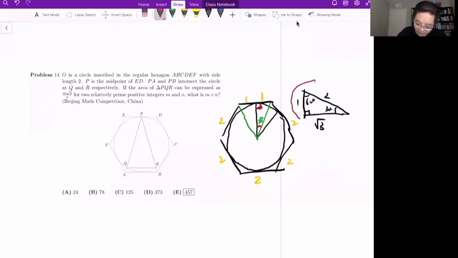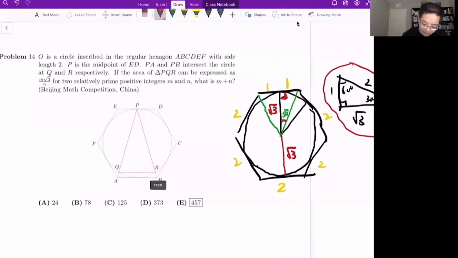We utilize the special ratios within the 30, 60, 90 right triangle: 1, square root 3, and 2. If this is 1, then we quickly get this one is the square root 3, so the diameter is 2 times square root 3.